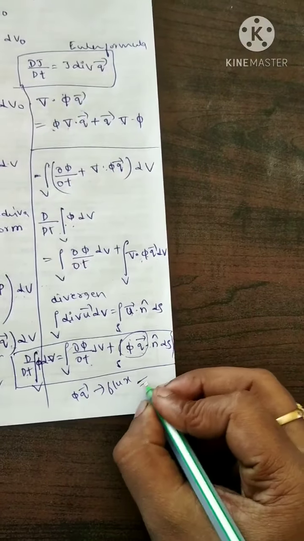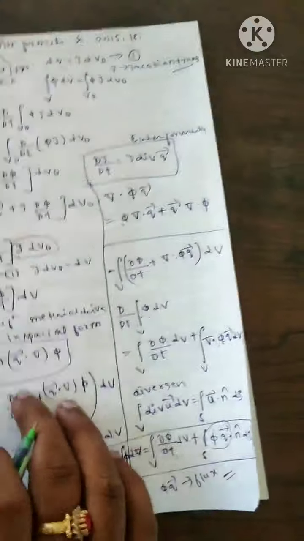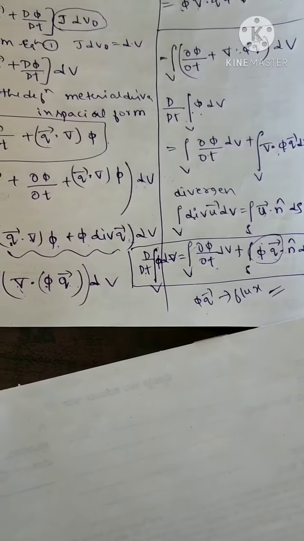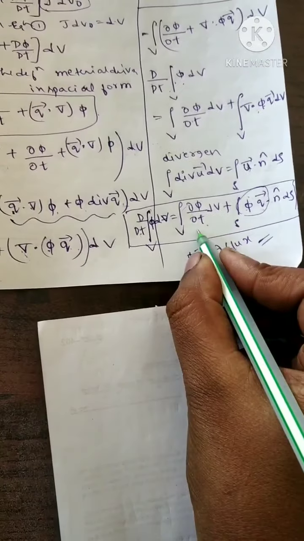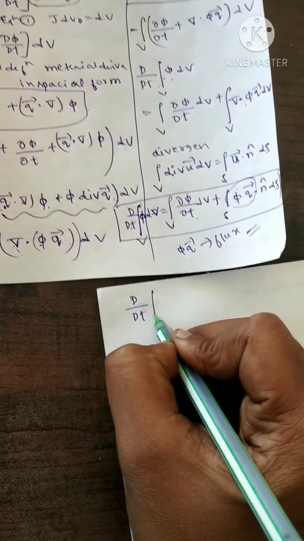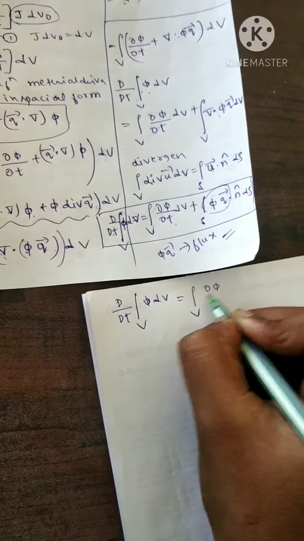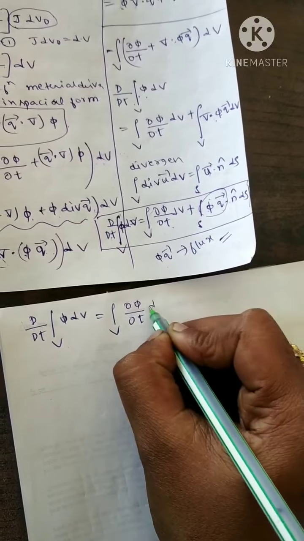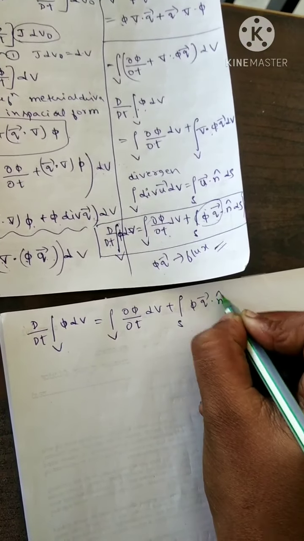Now up to here is the derivation, and sometimes the consequence is also asked. Let me see what happens to this Reynolds equation. Let me write the Reynolds equation as it is. I am just copying the equation. d by dt of integral over v of pi dv is equal to integral over v of dou pi by dou t dv plus integral over s of pi q dot n cap into ds.